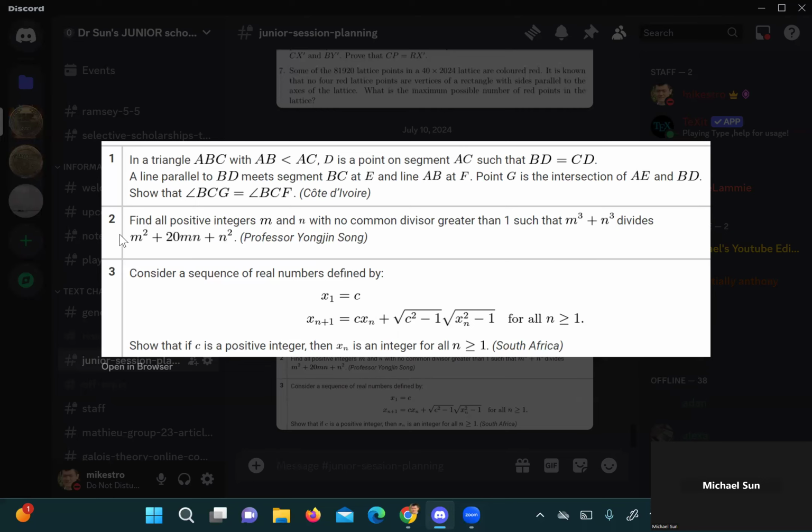If you have 100, then 100 cubed is 100 times bigger than 100 squared. So it becomes impossible for this big number to divide into the smaller number later. So it's conceivable we can find all the possible things for which this divides. They have to be all smaller than something.